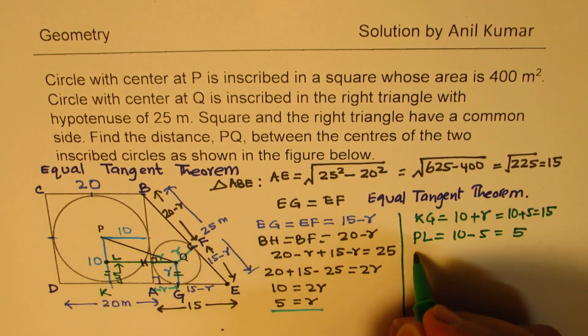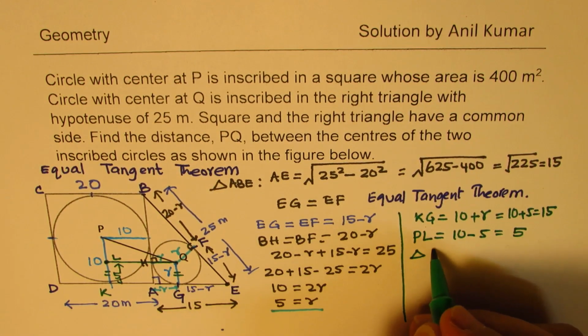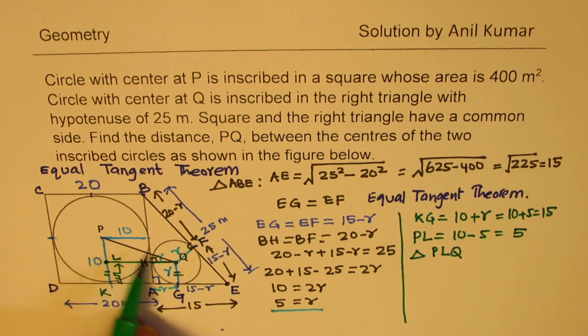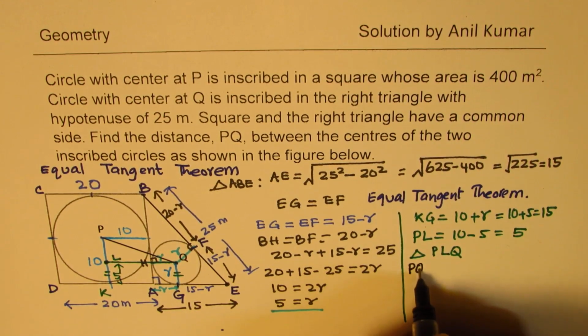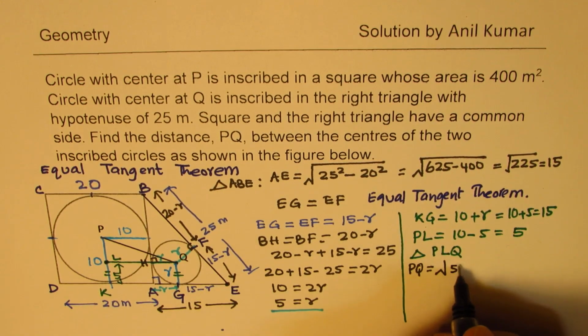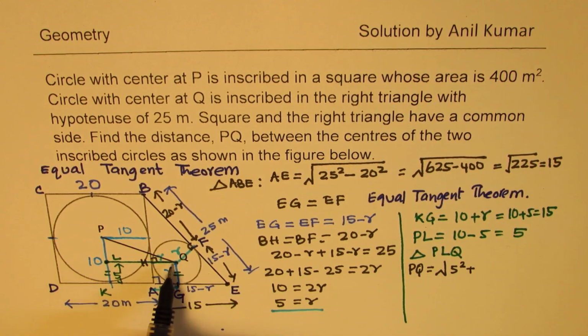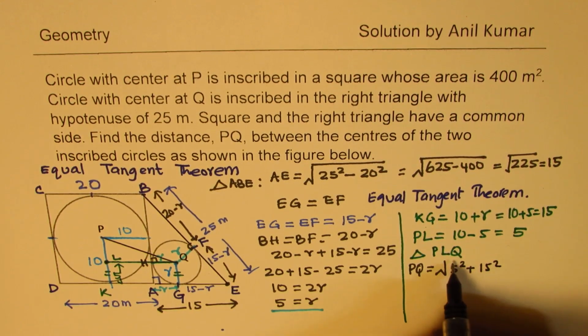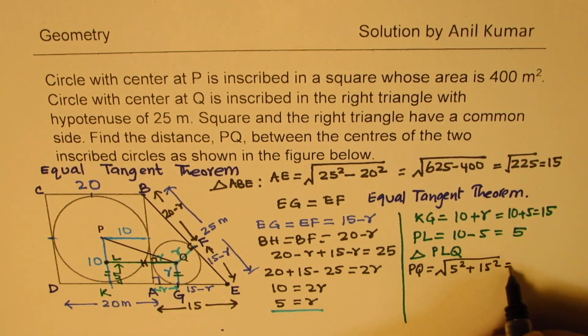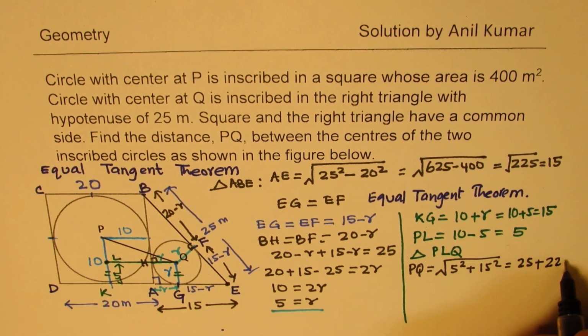So if you look into the triangle, which is a right angle triangle PLQ, in this right angle triangle, the hypotenuse is PQ, correct? So we can write down that PQ is equal to the square root of PL squared, which is 5 squared, plus LQ squared, which is 15 squared. Which is the square root of 25 plus 225.